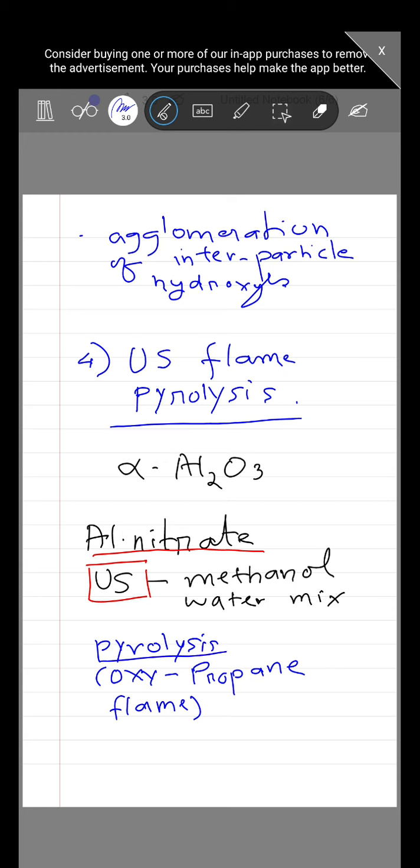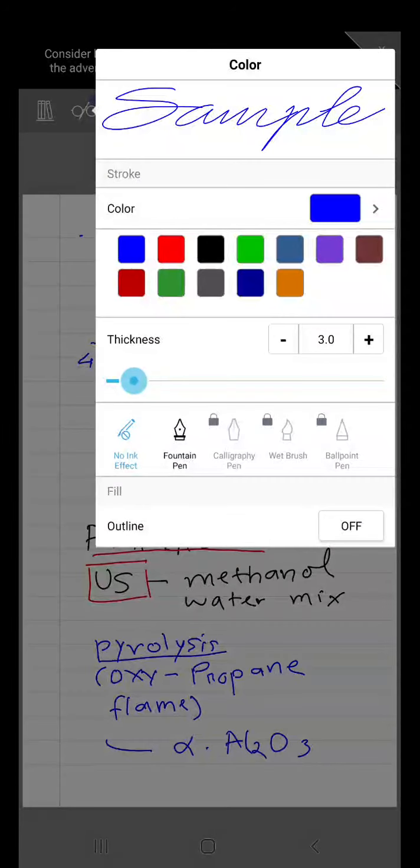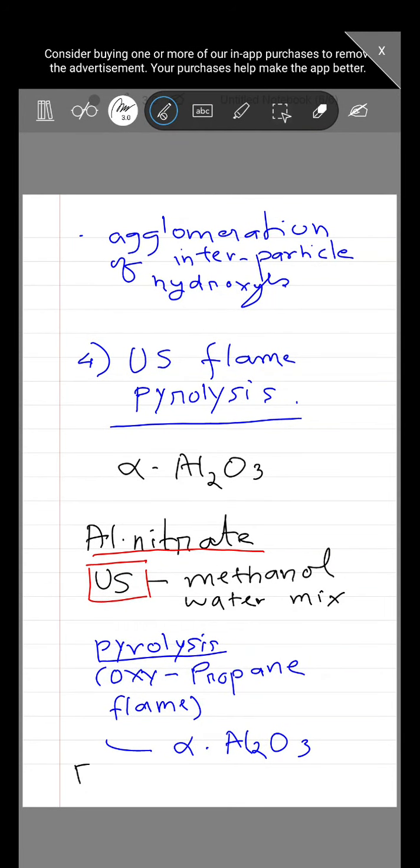This pyrolysis takes place, and this actually leads to formation of this alpha Al2O3 that we see. It's also called flame aerosol technique, and it's called FAT.